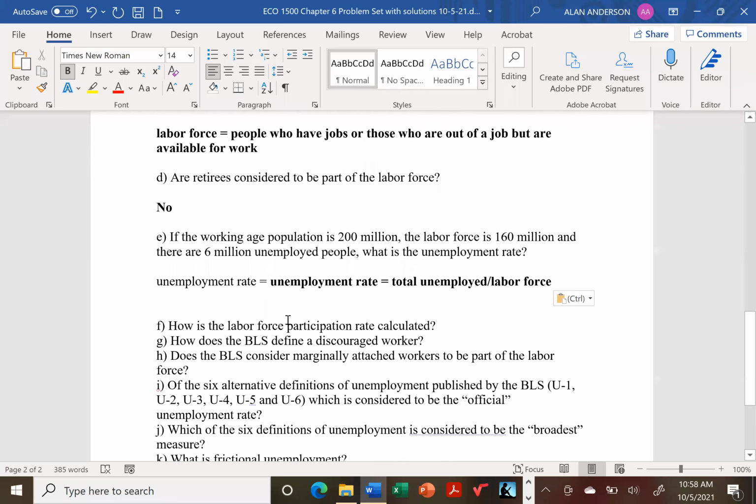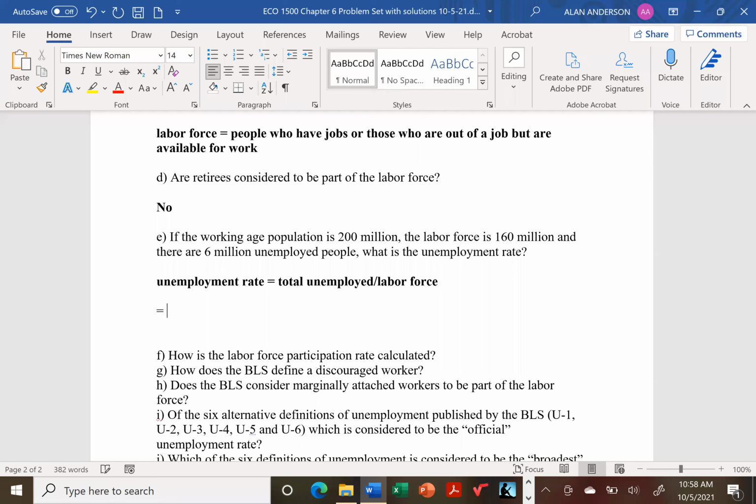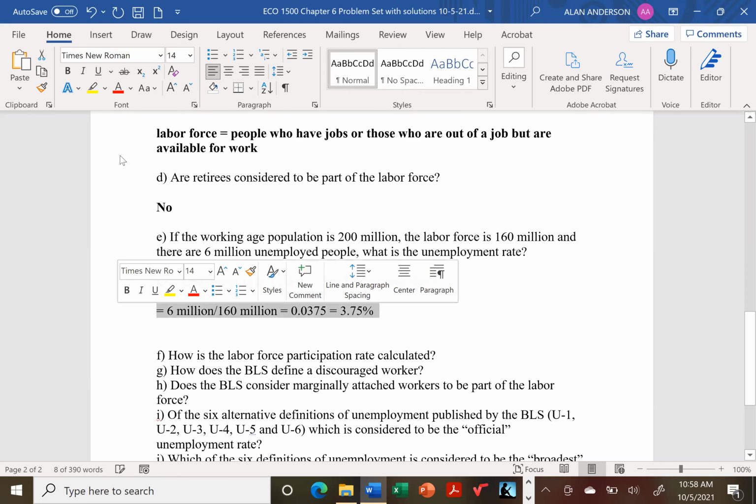Total unemployed over the total labor force. And so in this example, we have 6 million unemployed over 160 million. And that leaves us with 0.0375 or 3.75%. So in this economy, only 3.75% are considered to be unemployed.